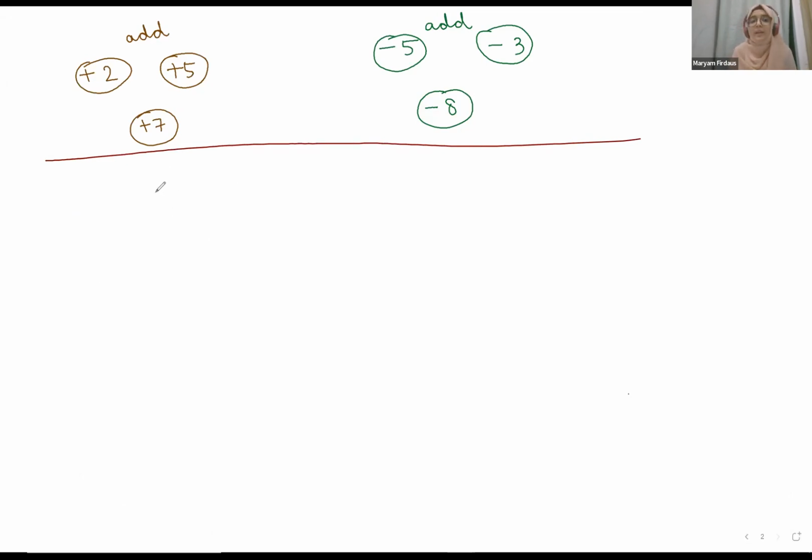Okay. So when two positive integers are added, we get a positive integer. Is this true?